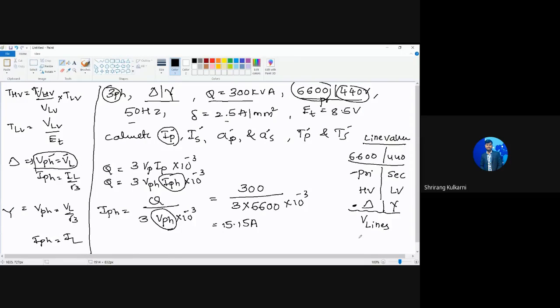Next, the secondary value. IS value we have to calculate, right?